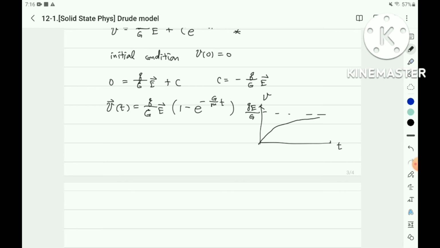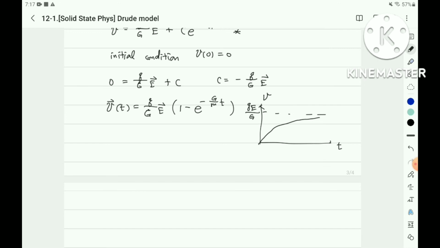There is a saturation value of the velocity. We can understand that it is similar to the solution of the drag force in classical mechanics. And anyway, this momentum transfer, momentum relaxation time approximation, and several other approximations give a finite value of the velocity of the electron, and it induces the electrical conductivity.